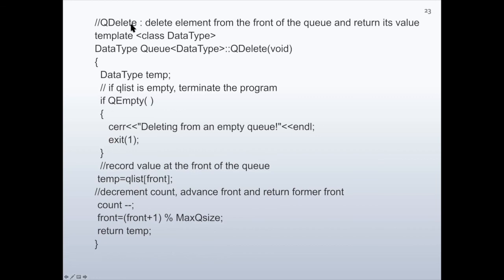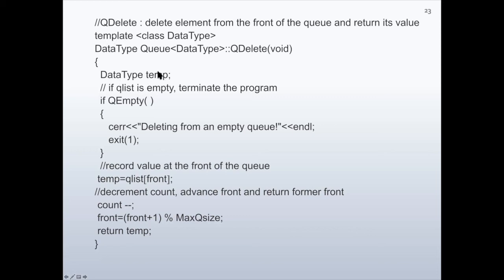The other method is queue delete. Delete an element from the front of the queue and return its value. It is implemented again as a template method. It's a method on the queue and we are deleting an item. It is to be returned from the function. Its type is data type. Again, this is a template type.